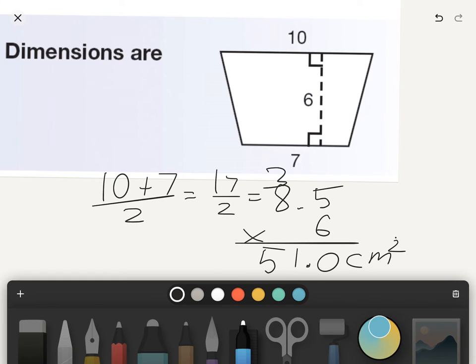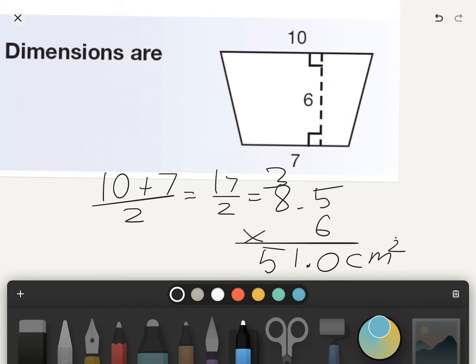So essentially, if we took 1.5 centimeters from the top and added it to the bottom, then both the top and the bottom would be 8.5 centimeters. And then doing that times the height would get us the area of a rectangle. It's like finding the average of these two.